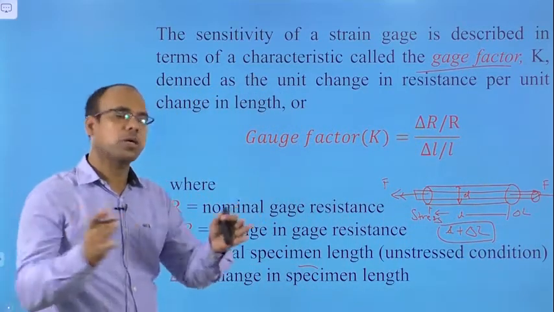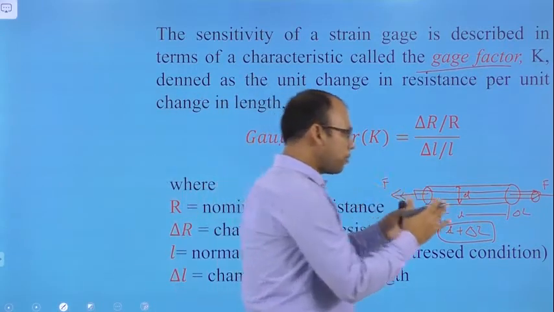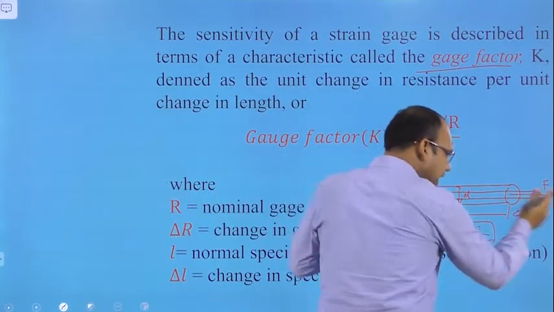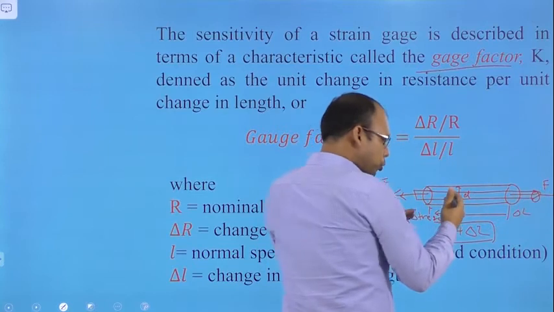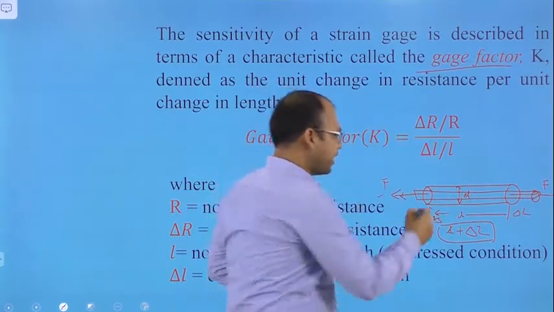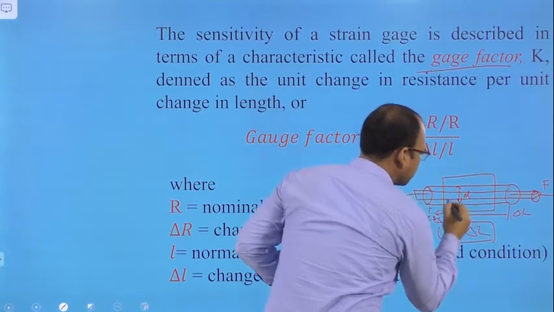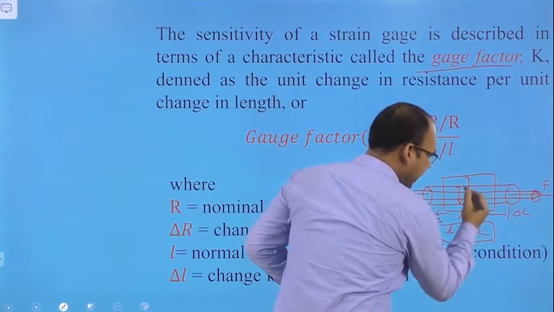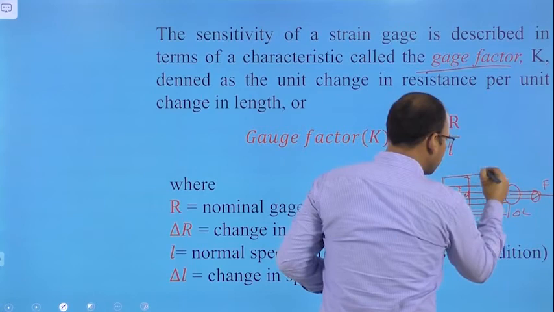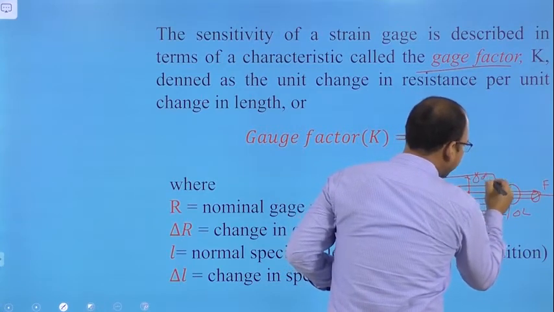We can also do compression, and whenever I'm doing a compression, the length is reduced and the diameter is increased, so the diameter has delta D added to it.